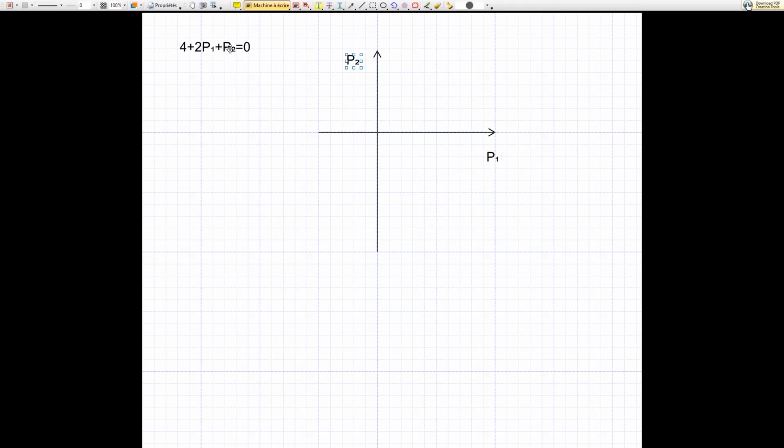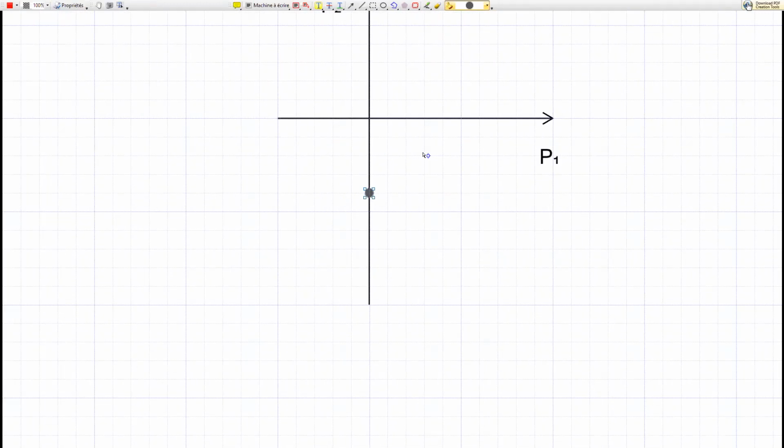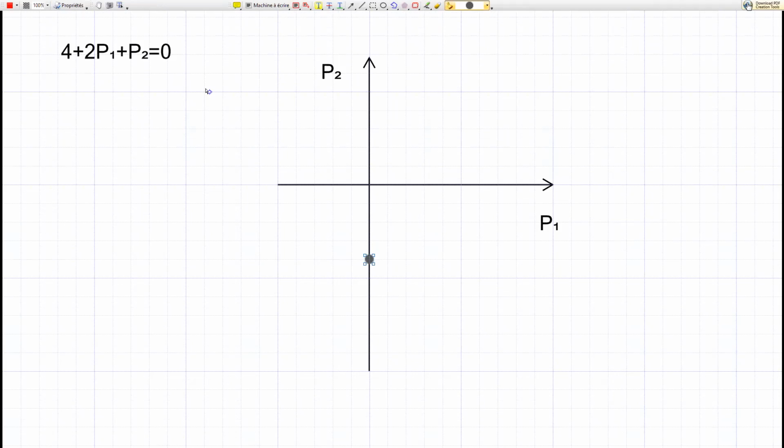If P1 equals 0, then P2 equals minus 4. So this is one point. And if P2 equals 0, then P1 has to equal minus 2. So here. So that's our starting line.